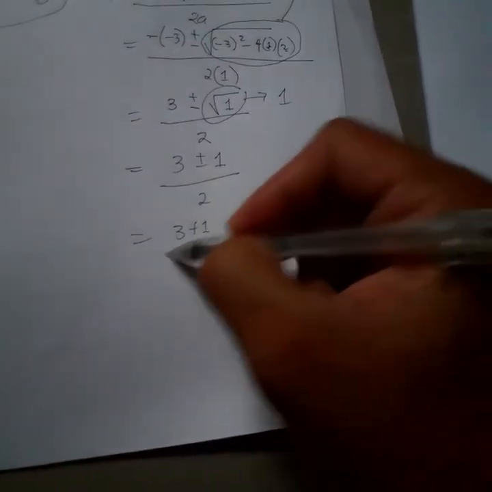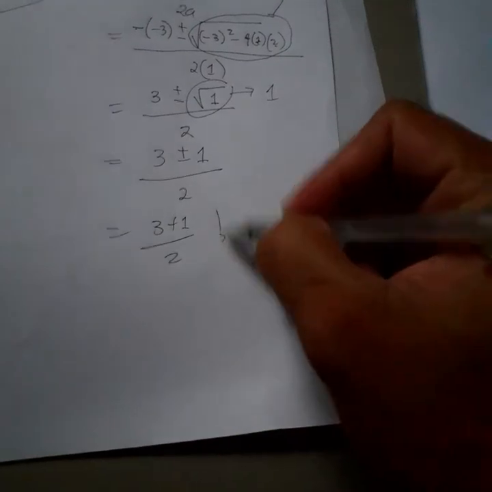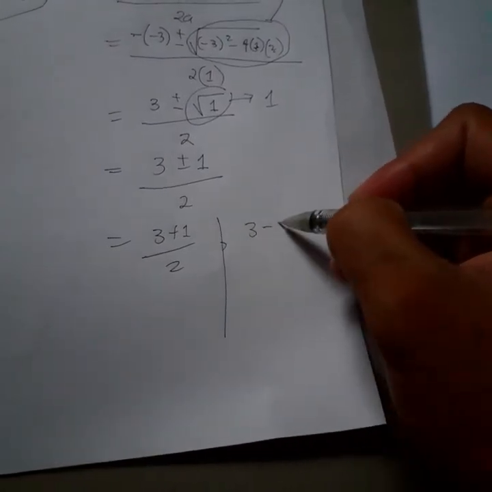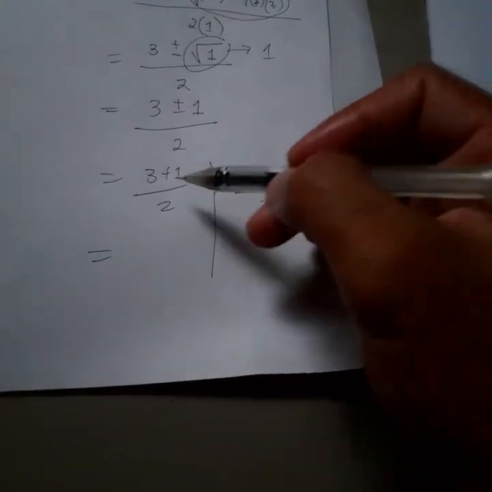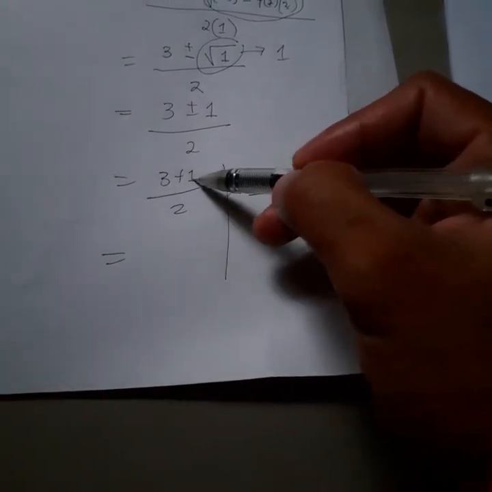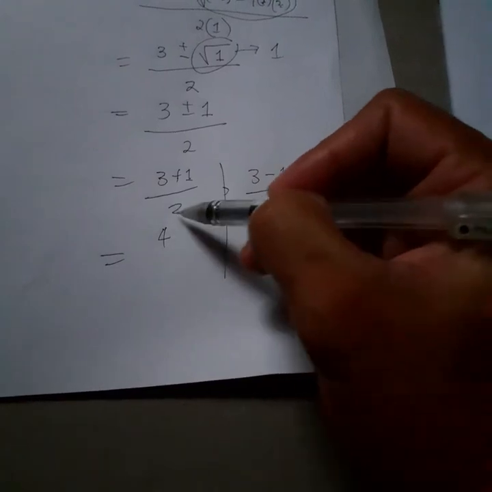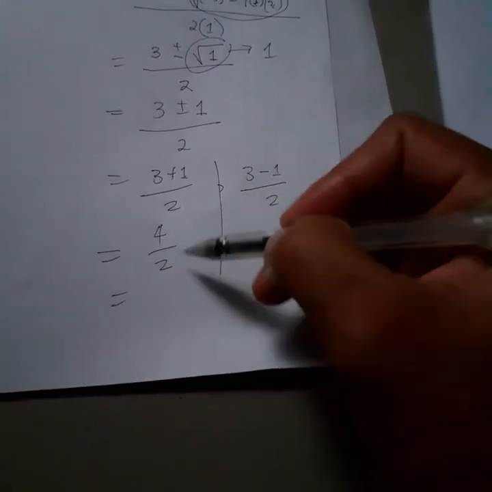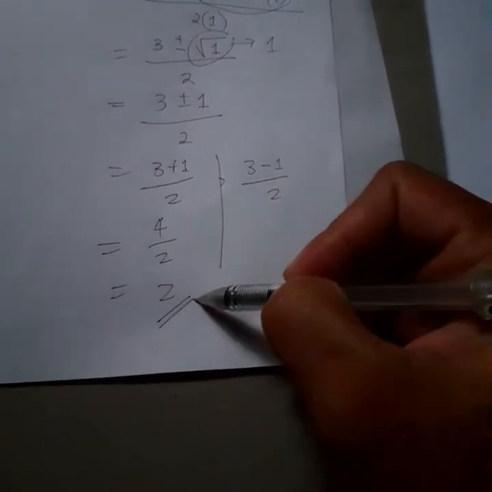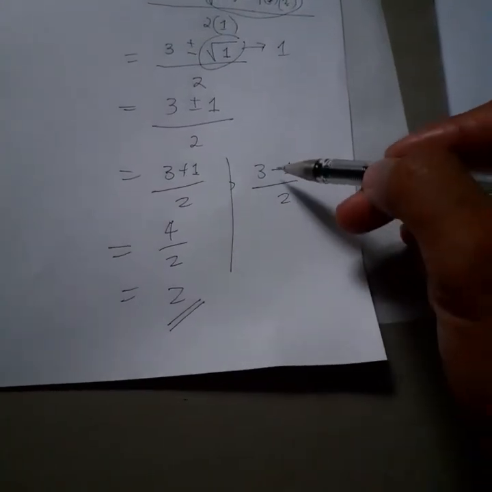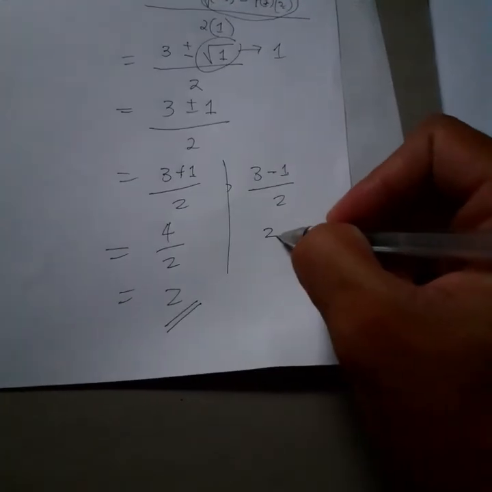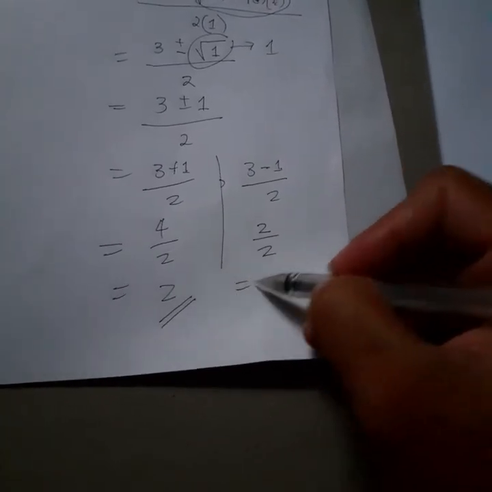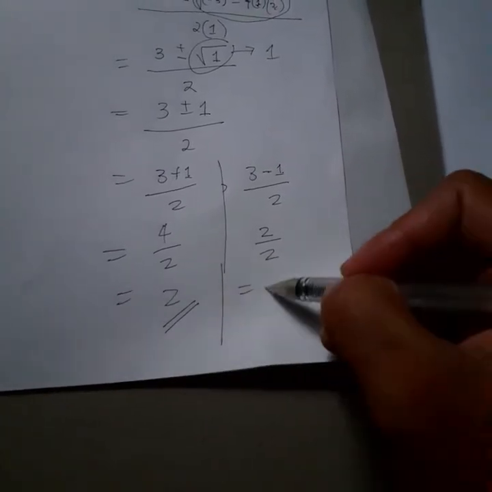Let's try to separate this one. We have 3 plus 1 over 2 and 3 minus 1 over 2. 3 plus 1, we get 4, over 2. Then 4 divided by 2, we get 2. This is the root. Next, we have 3 minus 1, we get 2, over 2. 2 divided by 2, we get 1.